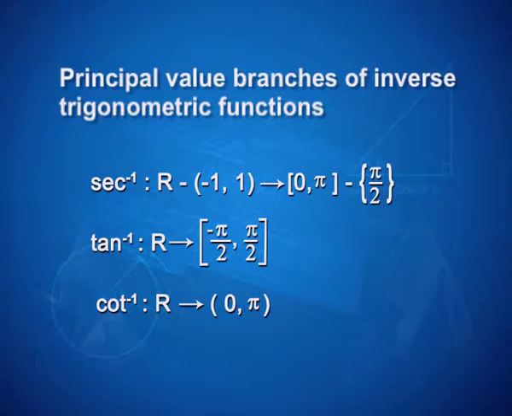Same reason holds for cot inverse. It is defined over the entire real numbers and mapped onto the open interval 0 to pi. Remember, the cot function domain does not have any multiples of pi.